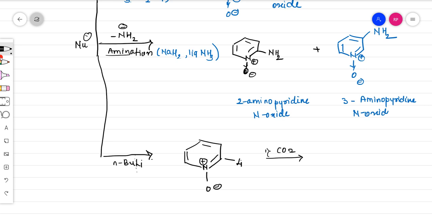If you want to bring in a carboxylic acid group, this reaction is generally easy. So this is how the reaction takes place. Just note it down. This Li group will break, and in this case the COOH group will come. This is pyridine N-oxide to carboxylic acid. Fine.